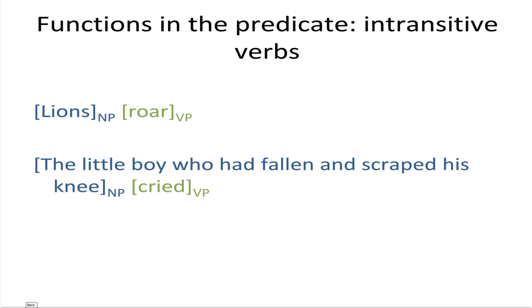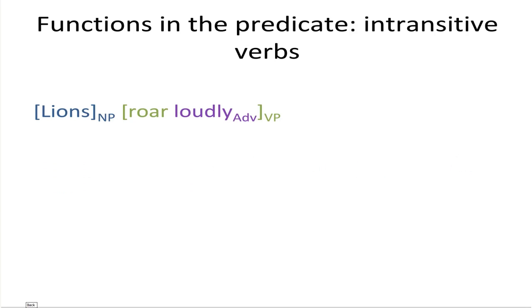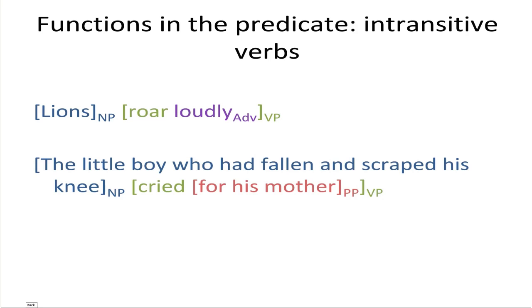We can have post-modifiers following an intransitive verb, but they don't have to be there. The clause still makes sense if we leave them out. So for example, we can say lions roar loudly, with the adverb loudly post-modifying roar inside the verb phrase, or the little boy who had fallen and scraped his knee cried for his mother, with the prepositional phrase for his mother post-modifying cried inside the verb phrase.